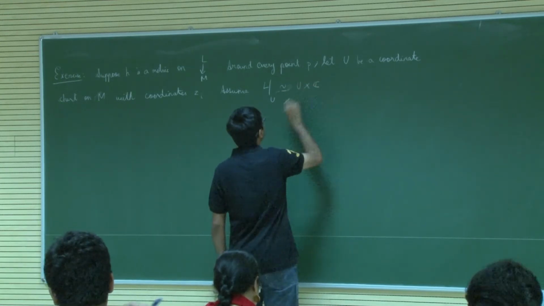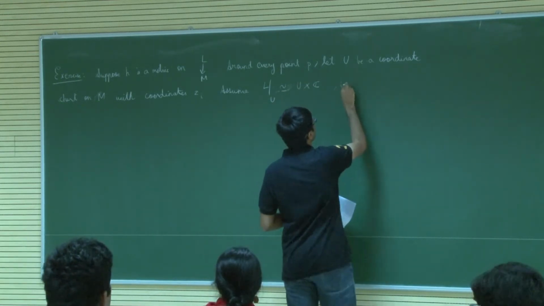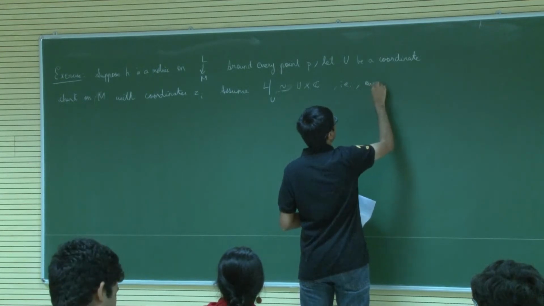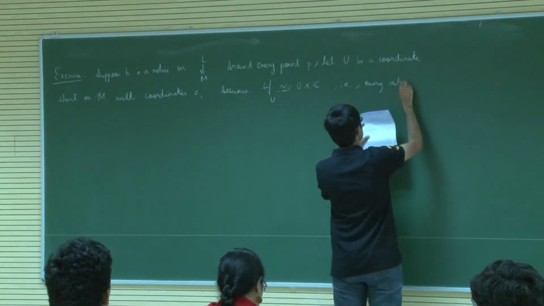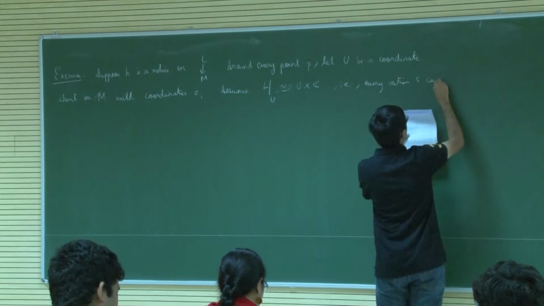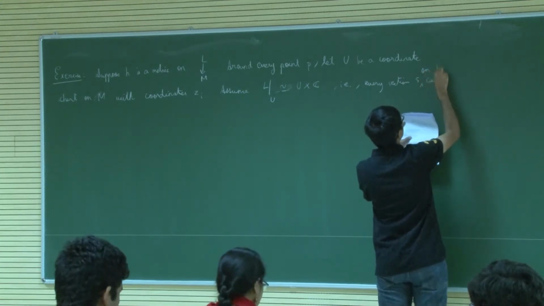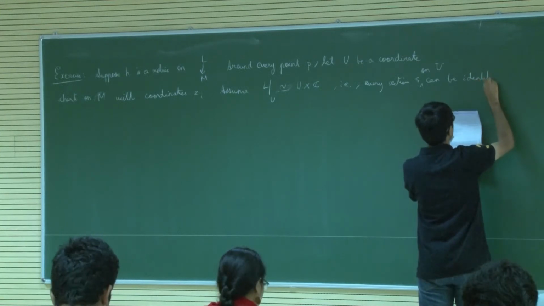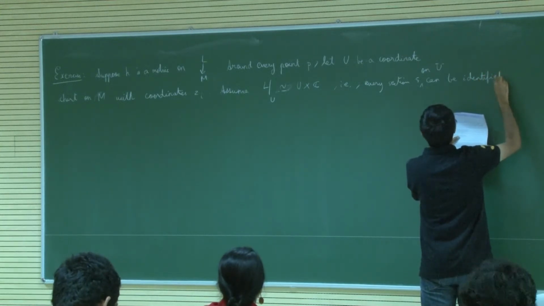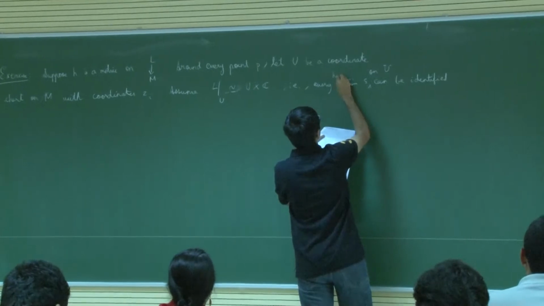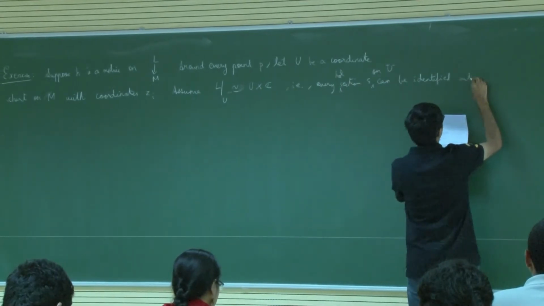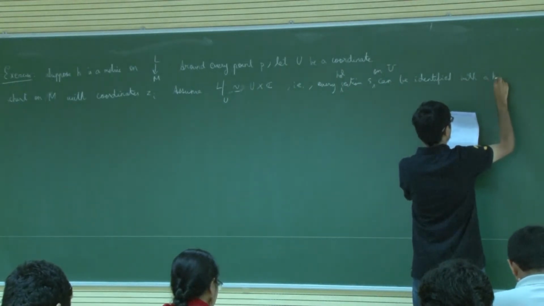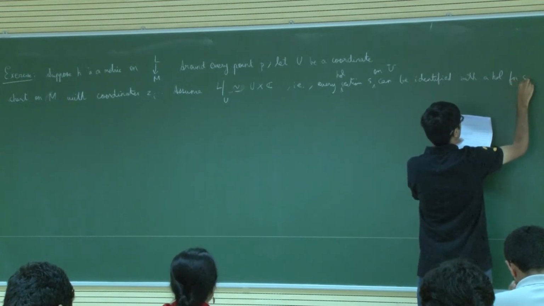So suppose this is locally trivial. That is, every holomorphic section s on U can be identified with a holomorphic function s alpha.